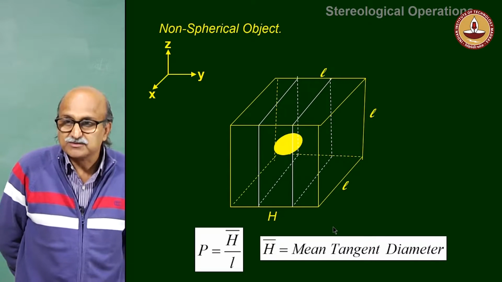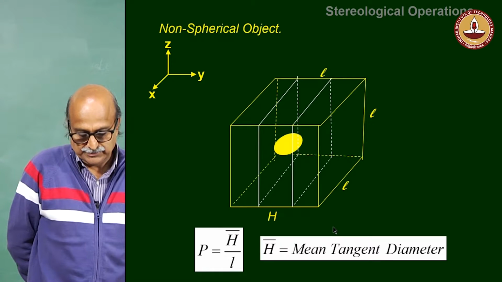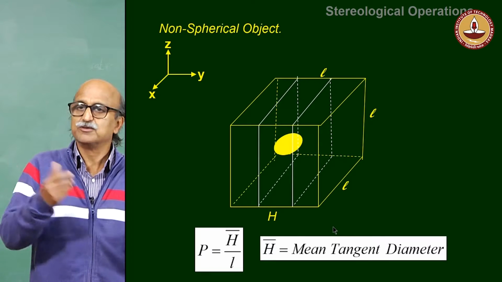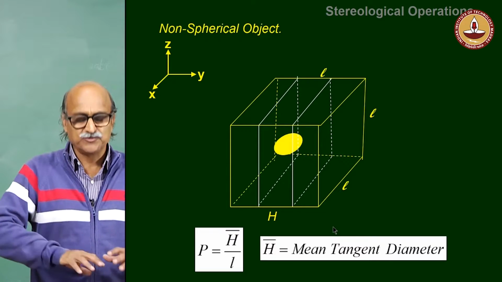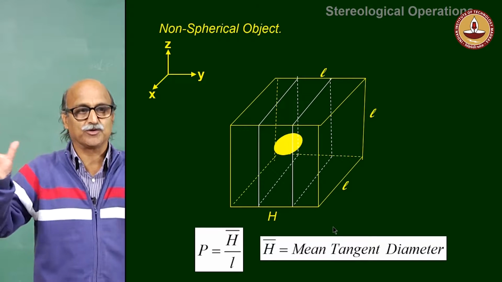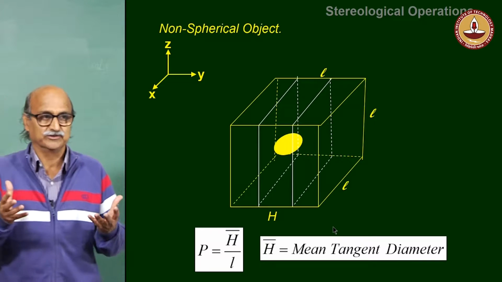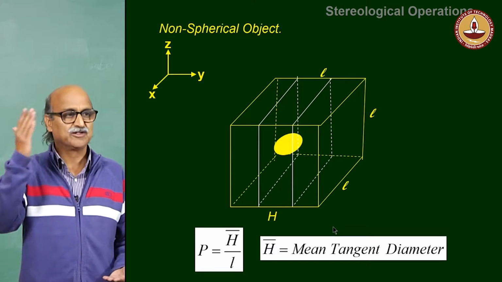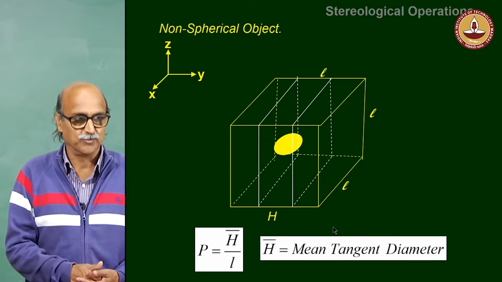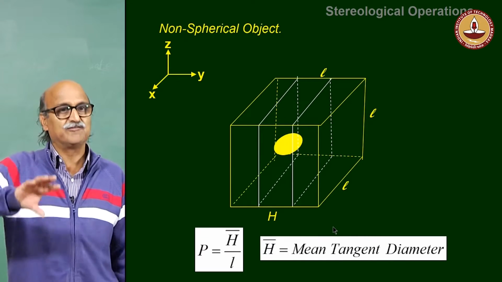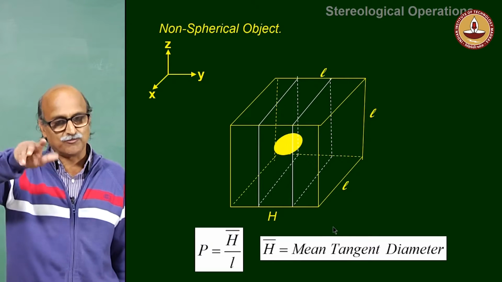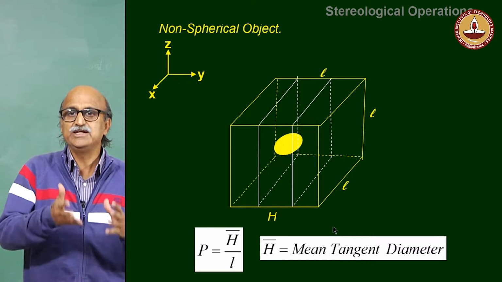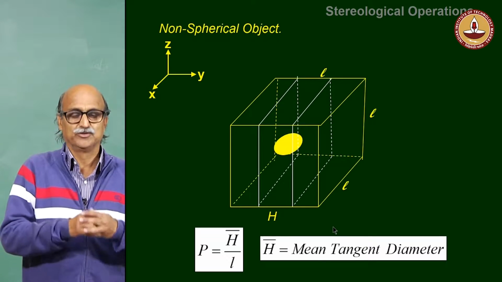So, this probability will now depend on what the mean tangent diameter of this object is. That means we have to average it over all possible orientations. It is something similar to what we did when we were deriving the relation for the Buffon's needle problem, where we averaged the projection length of the needle over all possible orientations. Here we have to average the tangent diameter over all possible orientations.